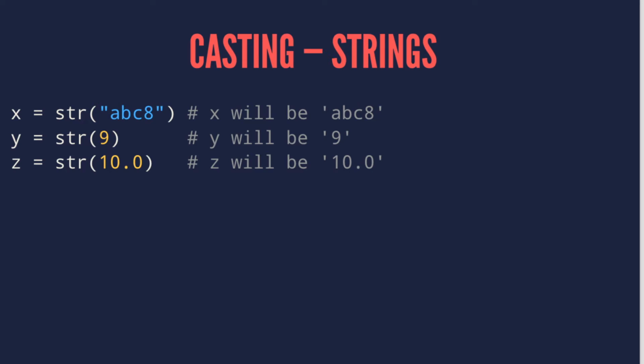And if you change something to a string, you can add that together with a string. So if you wanted to add a number into your string, which we will do later on, this is how you do it. So this is the important part for casting. And lastly, z equals str(10.0), which we know is a float. That'll change it into the string 10.0.